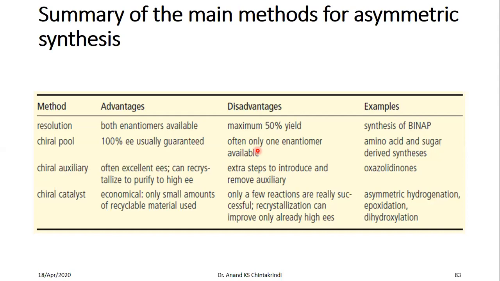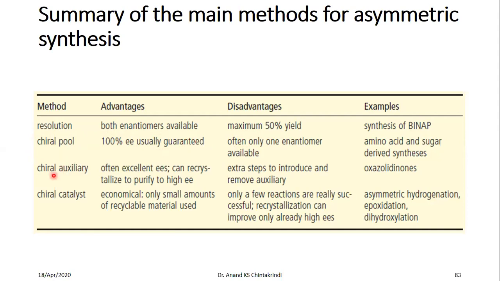I think it was valine. The point here I wanted to make is that you get 100% enantiomeric excess. This starting chiral pool is readily available. But if you were to make the other enantiomer instead of the one which is available from the chiral pool, it is slightly expensive.